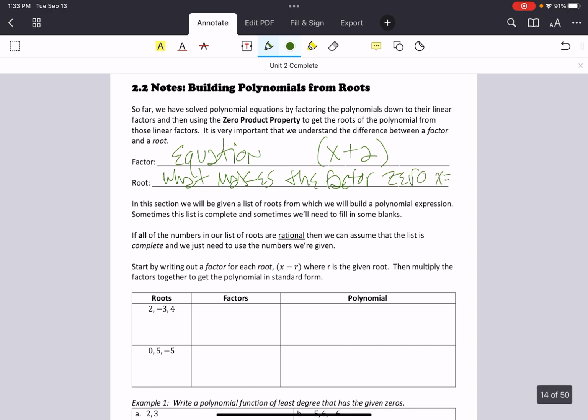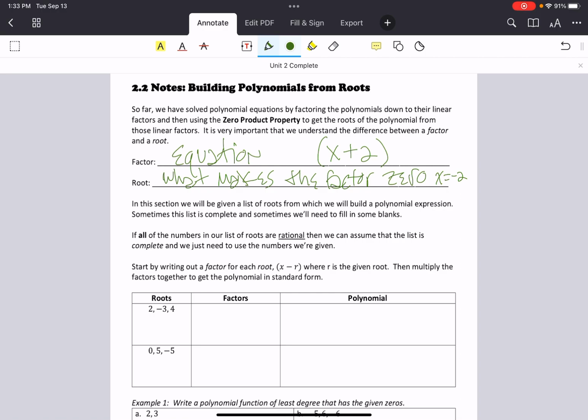So that would be x equals -2 on this one. Does that make sense? So the 0, root, x-intercept, solution and answer are all what makes my factor 0. That's why I only switch the sign when I put them in an equation. I don't switch the sign with the zeros, factors, roots, things like that. Does that make sense? Well, I got more answers that time. I felt less ignored, okay?